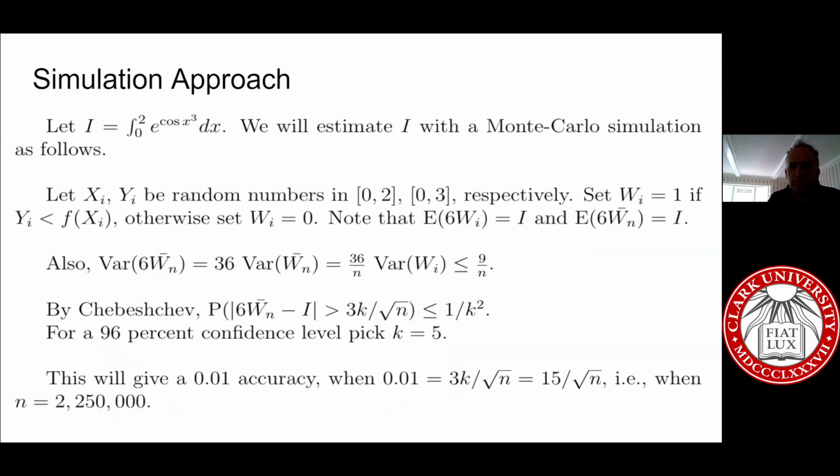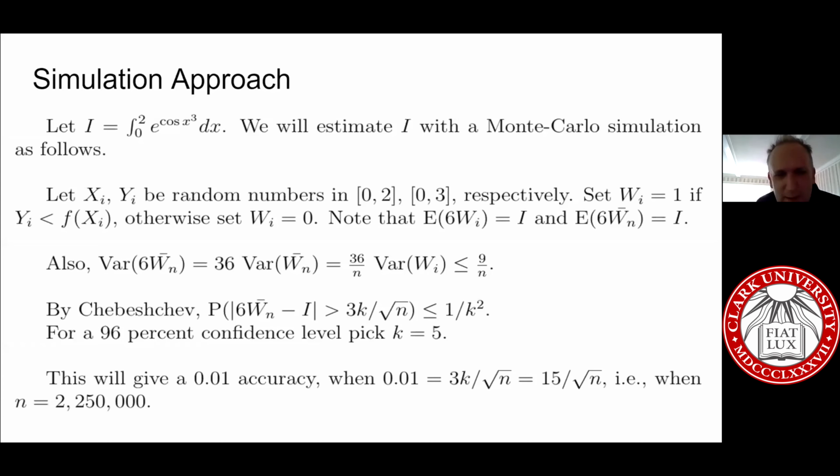So we notice that since the expected value of the mean is the expected value of each element, I have that the expected value of 6 w_n bar is also I. And now the variance of 6 w_n bar is a little different than the previous example because of the 6. It magnifies the variance. I get 36 times the variance of w_n bar. But w_n bar is just a Bernoulli random variable, right?